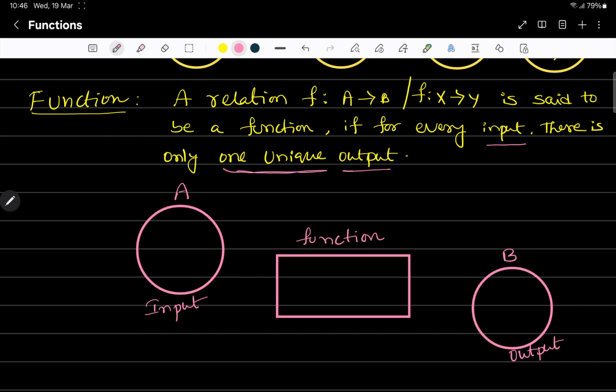Now for example, here I am taking one apple. I give the apple to this function. This is like a machine, or you can take it like a mixer. If I give this apple to this mixer, what will happen? The mixer will grind the fruit, then it will give you apple juice.